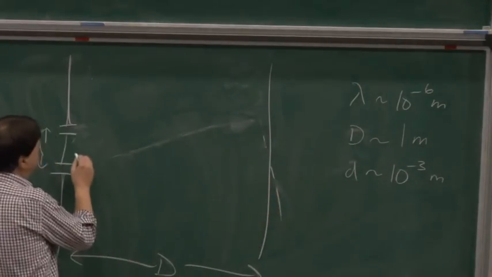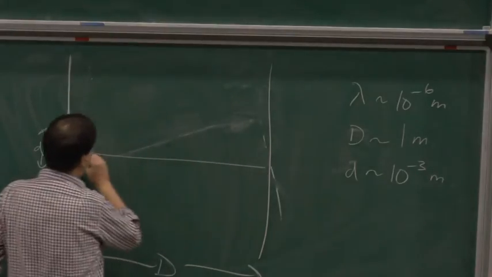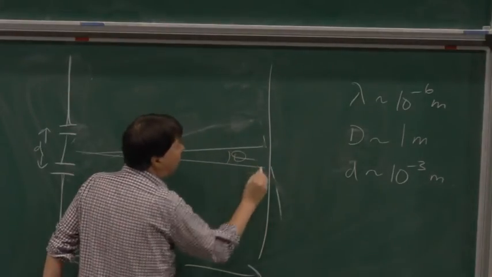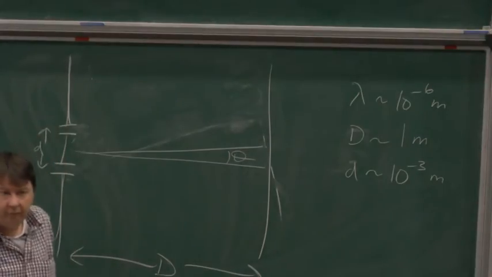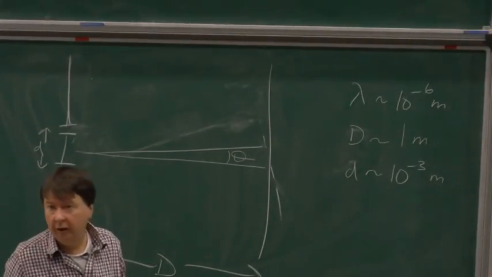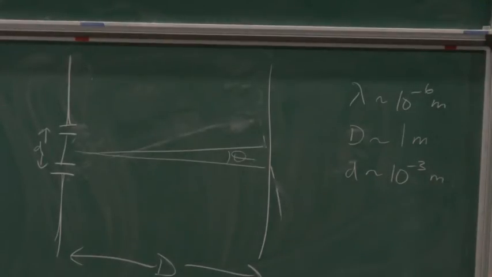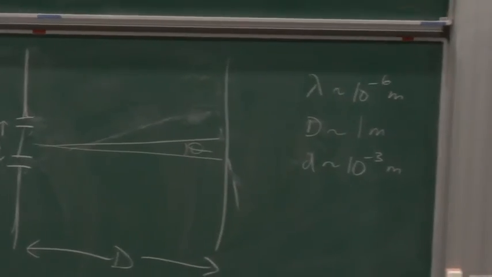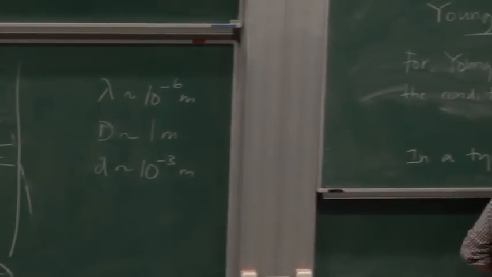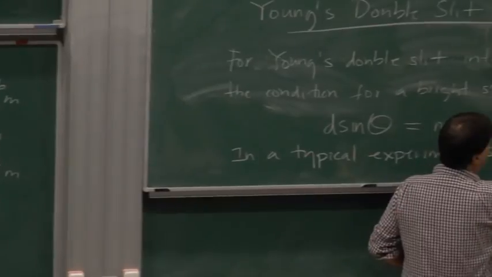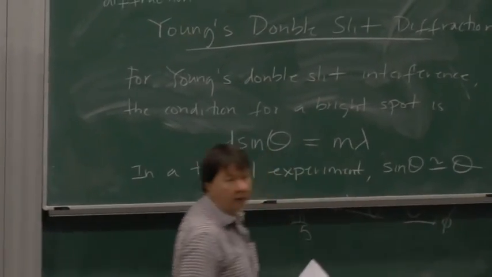So the angle theta is very small in most of these experiments, yeah? So we're entitled to use the small angle approximation. So in a typical experiment with Young's double slits, we can use sine theta is approximately theta.